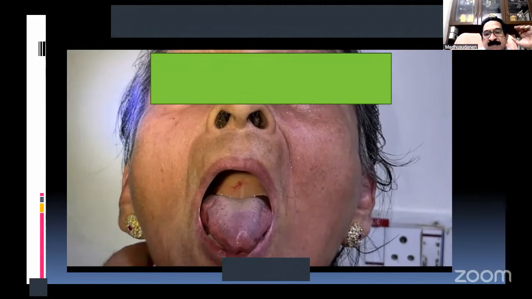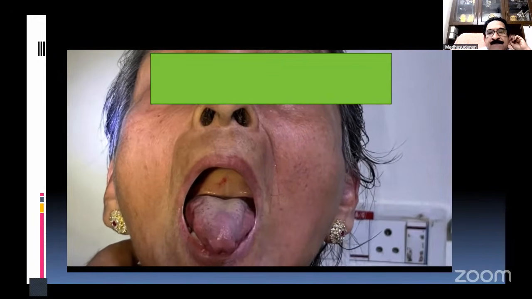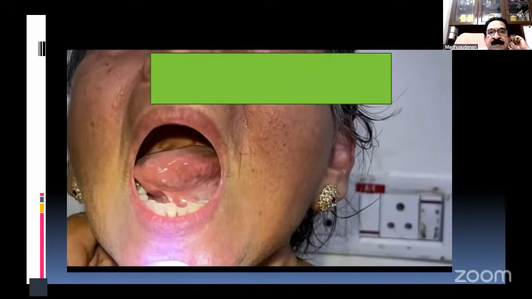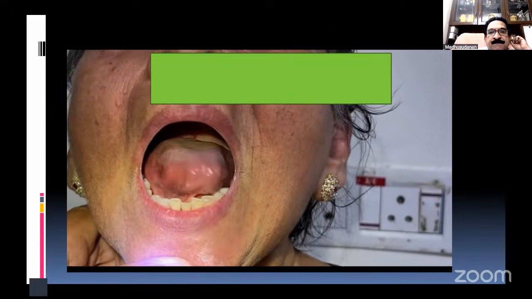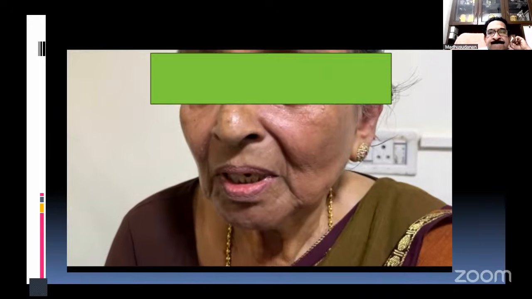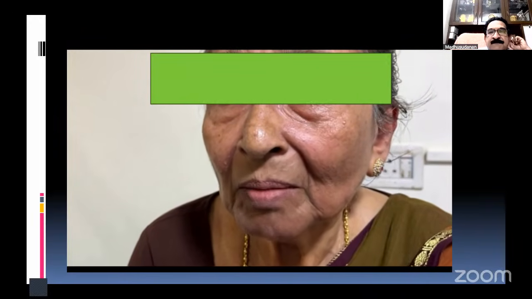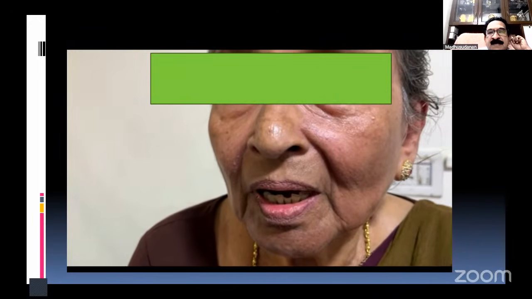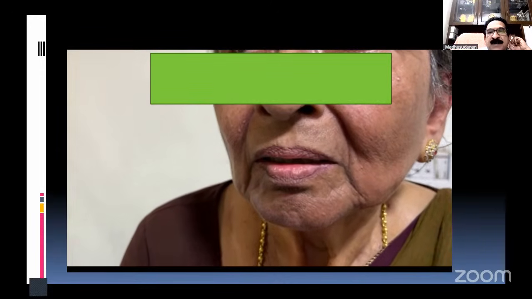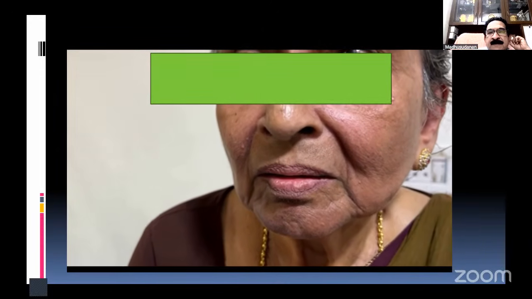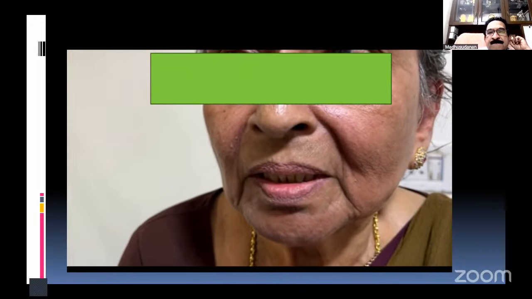She could not make a voice like ah. There is no sound coming out. Tongue movements are, however, normal. This is the sound which is creating pa pa pa. I said la la la. There is no sound coming.